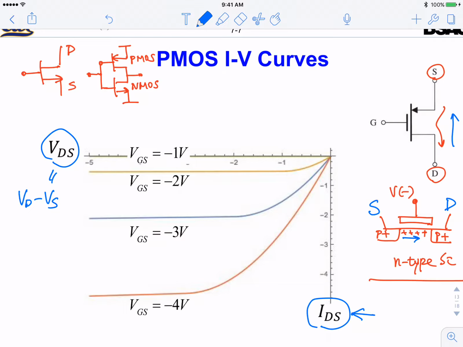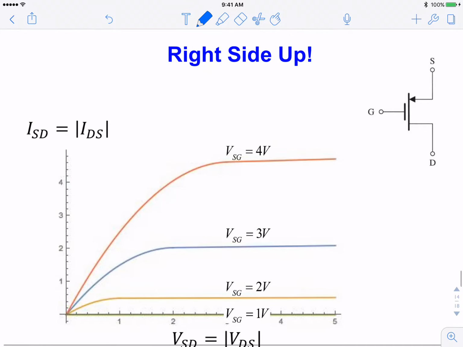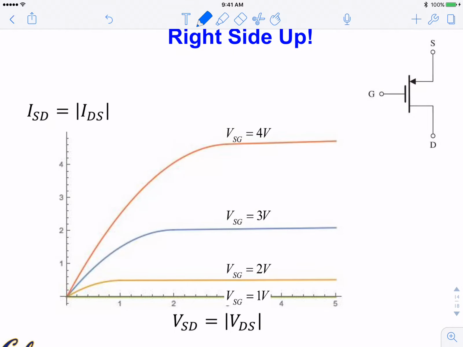sometimes it's cumbersome to keep track of whether it's negative or positive. I would normally do the following, okay? I would just use absolute signs. In this case, PMOS will look like NMOS, okay? And I just remember in the circuit, the current is going to flow from top to bottom.